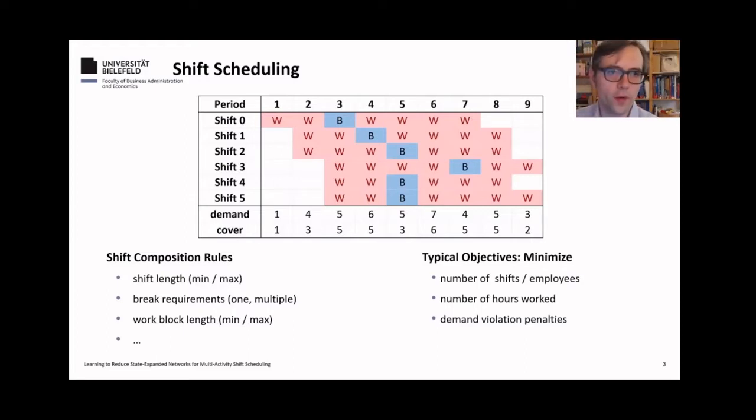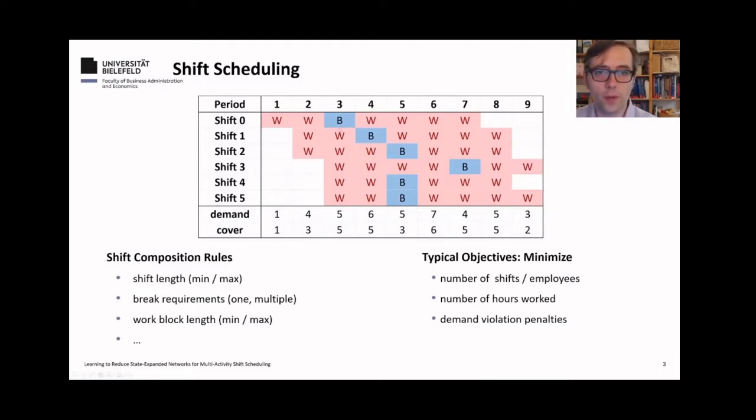What makes shift scheduling a hard problem is the fact that the composition of shifts needs to respect a couple of rules which may be quite complex. In this example, we only have a couple of simple rules. For example, the total number of work periods per shift, that is the shift length, and a break requirement.